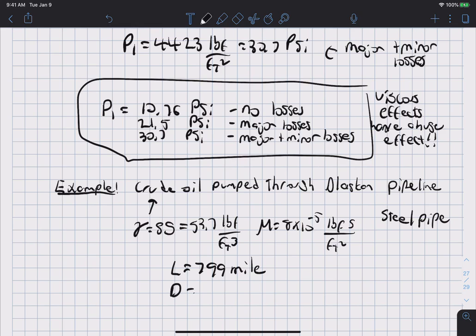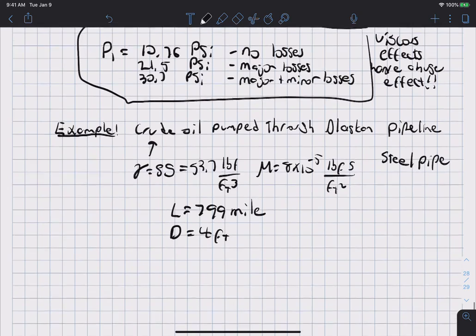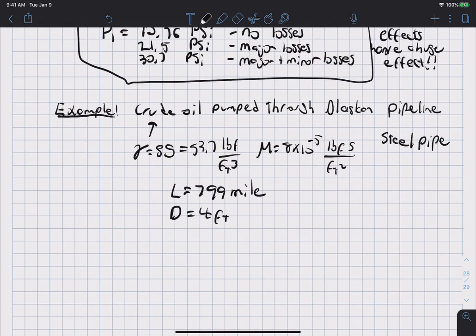And the diameter is 4 feet. So it's a very long, huge pipeline. And the volumetric flow rate is equal to 2.4 million barrels per day, and if you convert that to a more normal unit, that is equal to 117 cubic feet per second, which is a whole lot of oil flowing through that pipe in 1 second.